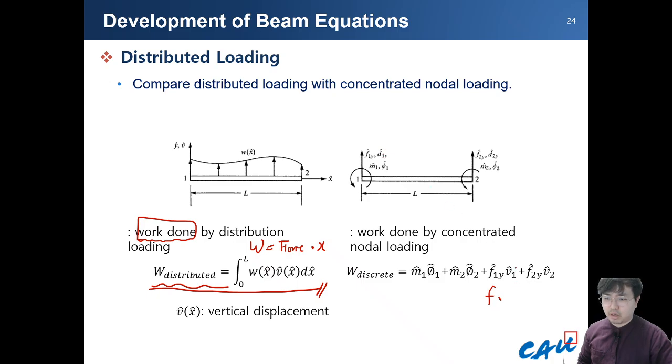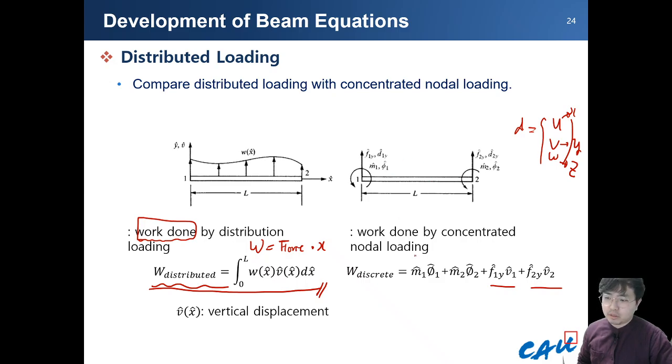However, I normally use U, V, W: U is the displacement in the x direction, V is the y displacement, W is the z direction. So F times V is a work unit, and the second nodal point also works the same way. This momentum can also generate some energy or work.